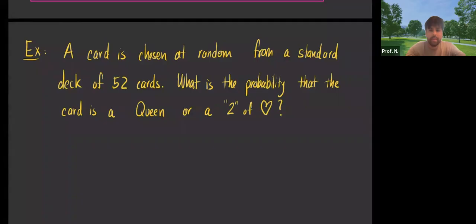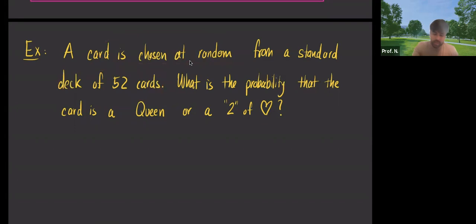So what do we see here? We see 2 events. I don't know if you start to see now, try to associate sets and events when you see these words in the question. What is the probability that the card we choose at random? Choosing a card at random from a standard 52 card deck, that's the experiment.